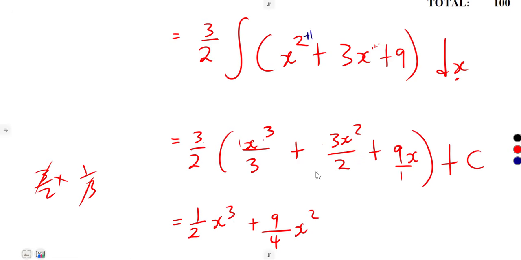This is the same as 9 over 1, so 3 times 9 is 27, 2 times 1 is 2, so 27 over 2 x, plus the constant of integration. In that case, we have integrated each and every part that we are given. But first, we had to simplify what we are given under the integral using our factorization.